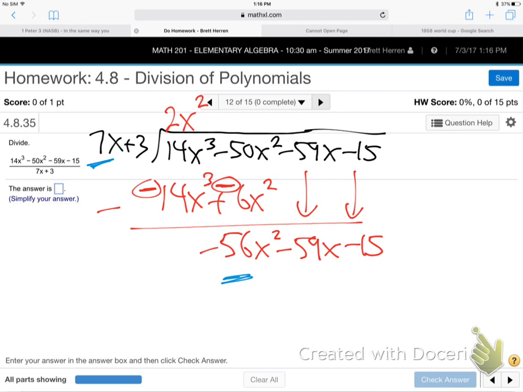Exactly. Same sign, same everything. Matches minus 56x squared. What times 7x exactly matches minus 56x squared? Minus 8x. Right? So carry out that step. Minus 8x has to multiply both those two. Multiply them both and write them down there.